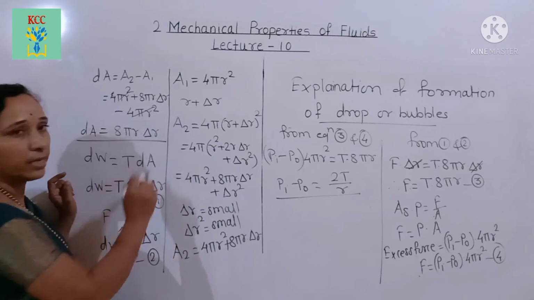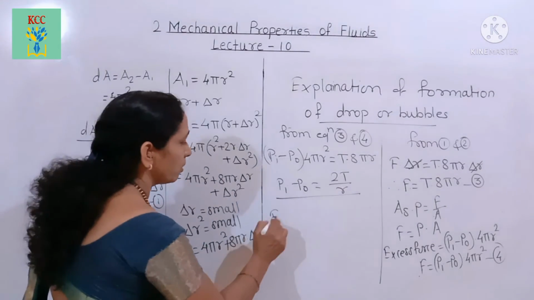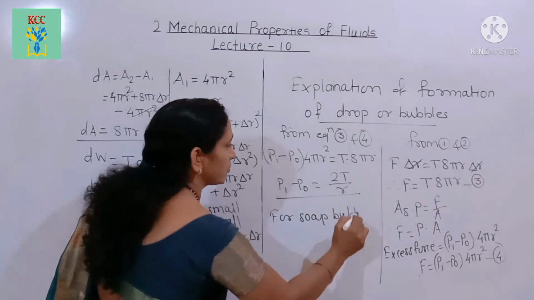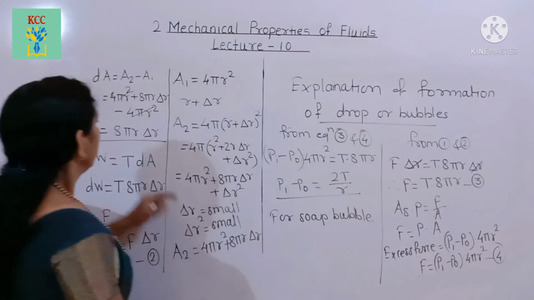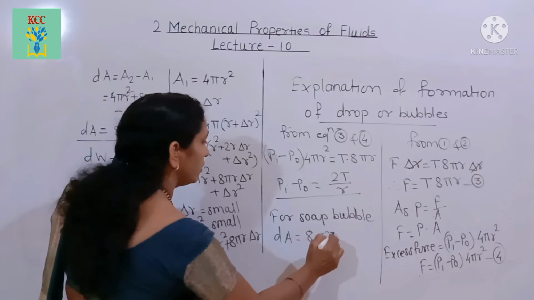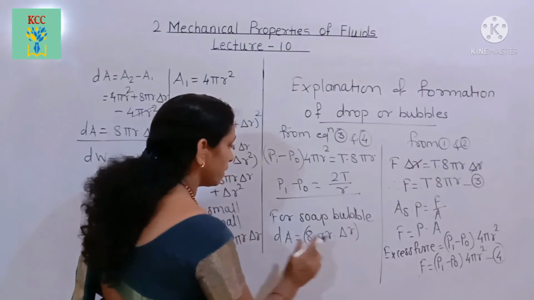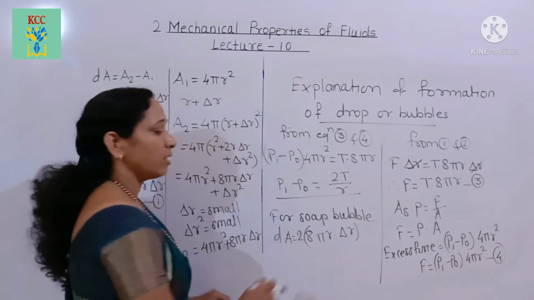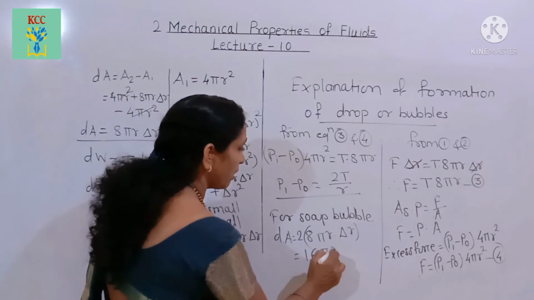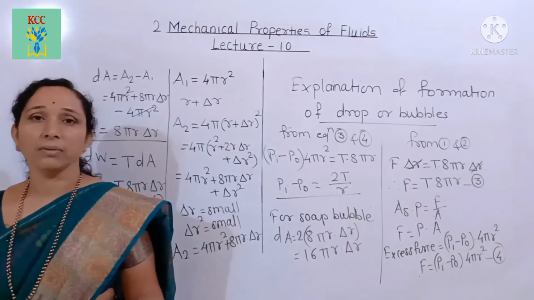For a soap bubble, it has two surfaces, therefore it is taken as 2 times 8 pi r into delta r, that is 16 pi r into delta r. This is the increase in area for a soap bubble.